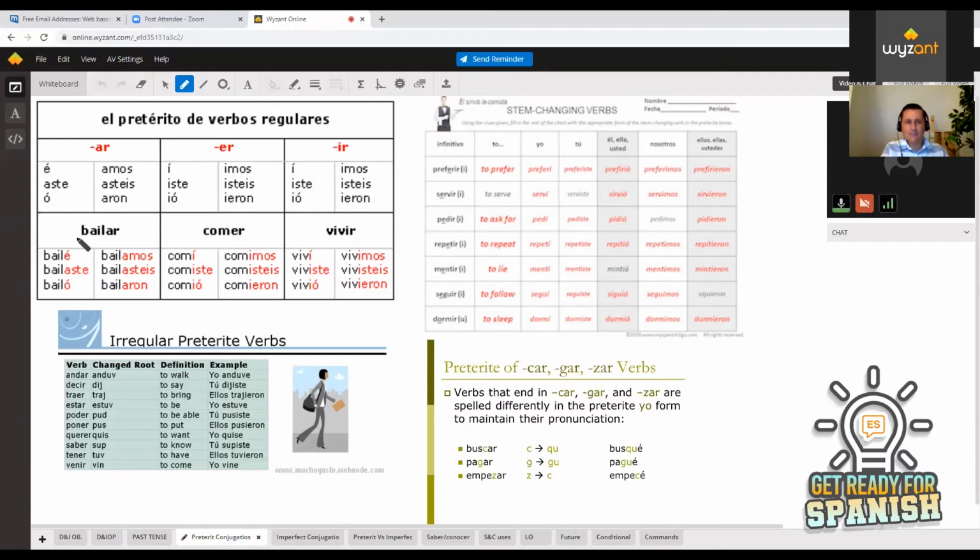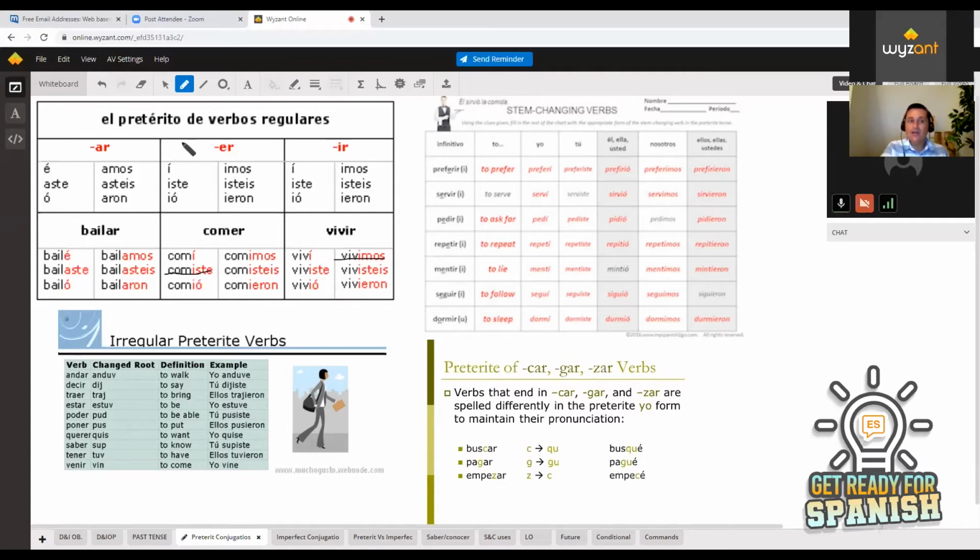We have a couple of examples here. Bailar, to dance. If I wanna say, I danced yesterday, yo bailé ayer. If I wanna say, you ate cereal yesterday, tú comiste cereales ayer. If I want to say, we lived in New York last year, nosotros vivimos en Nueva York el año pasado.